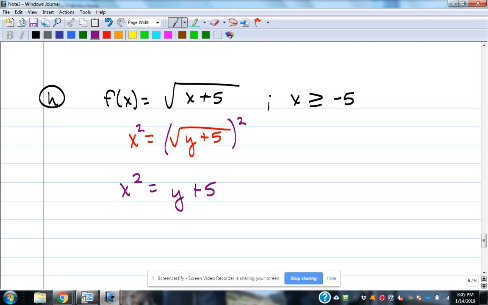Next. Just subtract 5. It's pretty easy after we got rid of that square root. So x squared minus 5 is equal to y. That's our inverse function. So f inverse of x is equal to x squared minus 5.